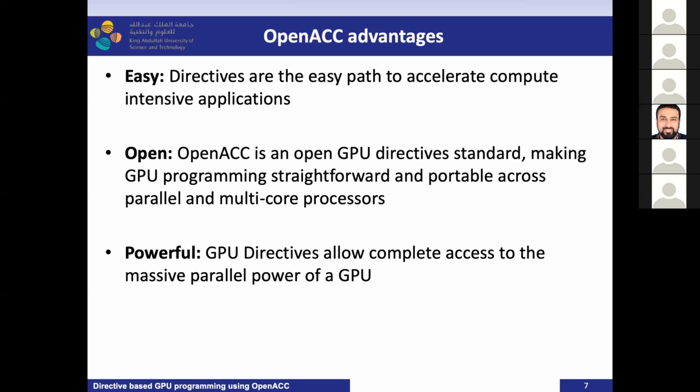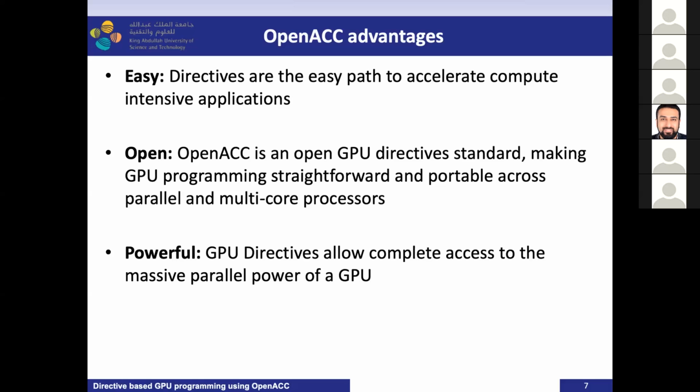So that's very important because now you have a single code that can be compiled with different compilers. It's an open standard and you can run it not only on GPUs, but on any accelerator platforms, including multi-cores actually. And that's fantastic because that allows portability across platforms. That's a very important aspect of OpenACC.